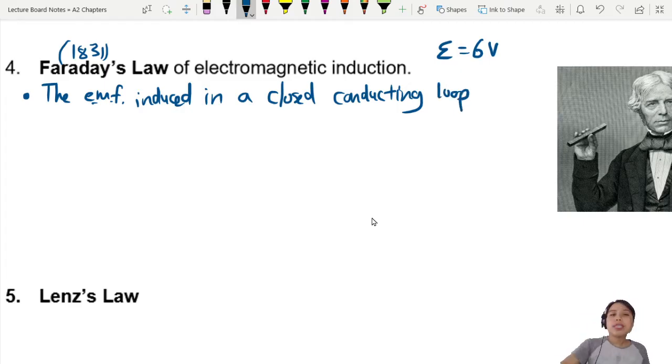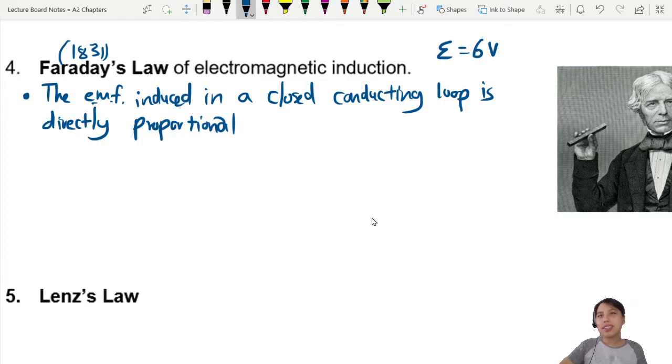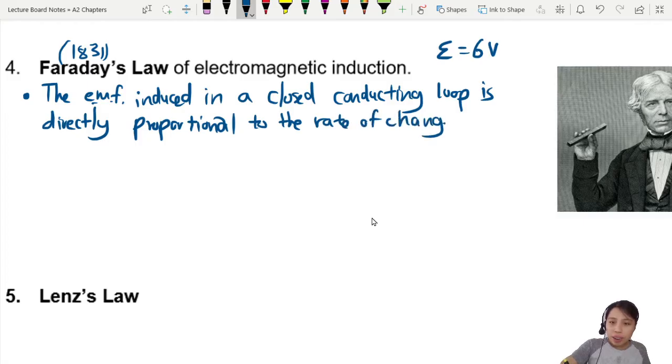What is the relationship with something? How do you know there's an induced EMF or not? This is what he says. The EMF induced in a closed conducting loop is directly proportional to the rate of change of magnetic flux linkage.